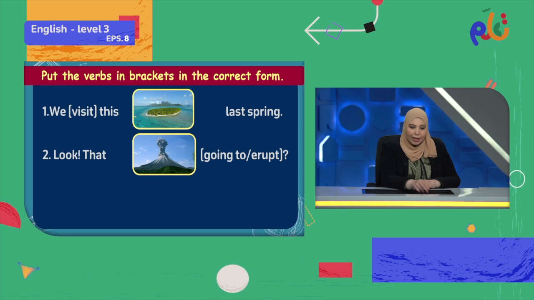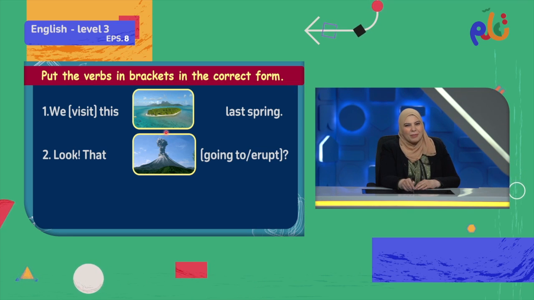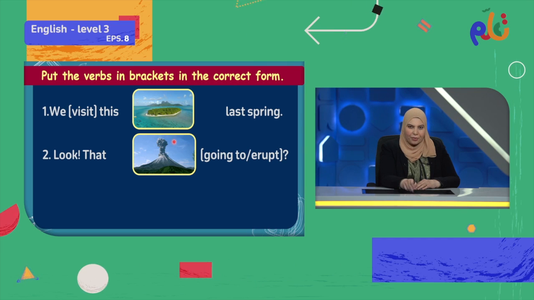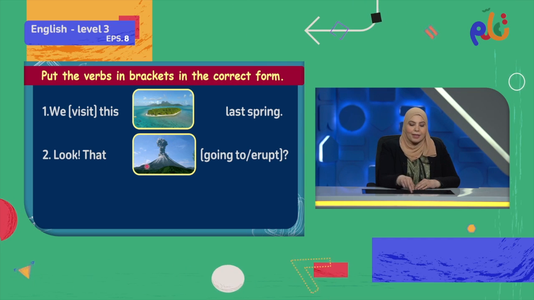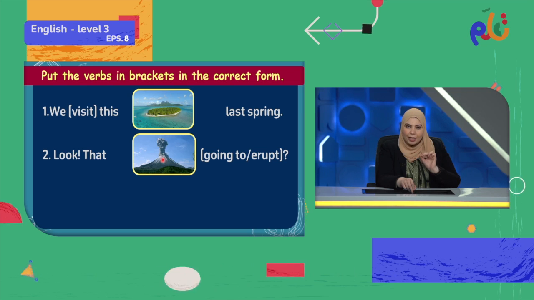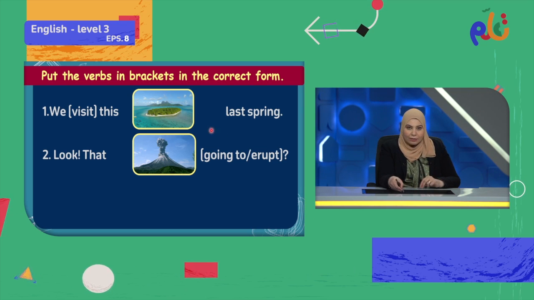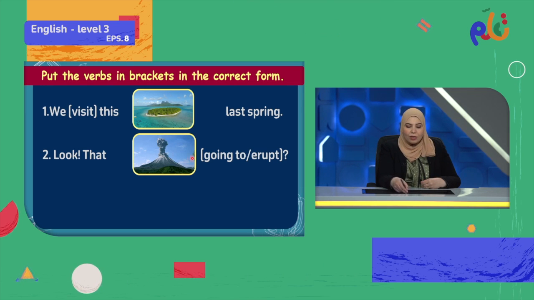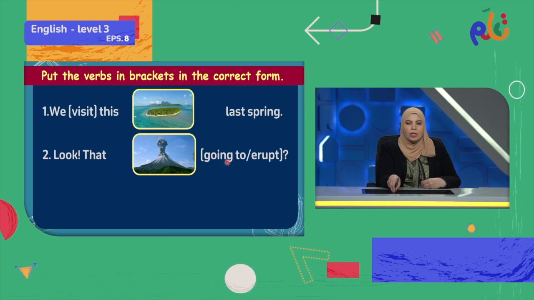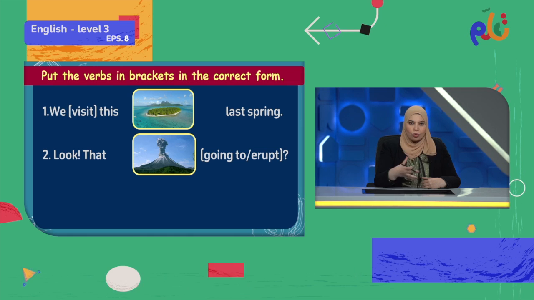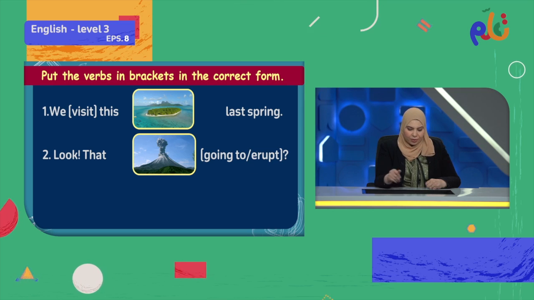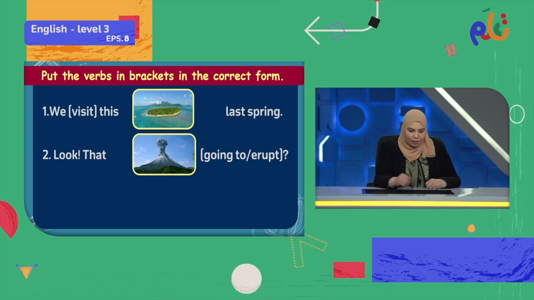So look, what's this picture? Exactly, this is a volcano. So look, that volcano is, here we need the verb to be with going to speak about the future. That volcano is going to erupt. Erupt means to explode or to throw lava out from inside. So that volcano is going to erupt. Next one.